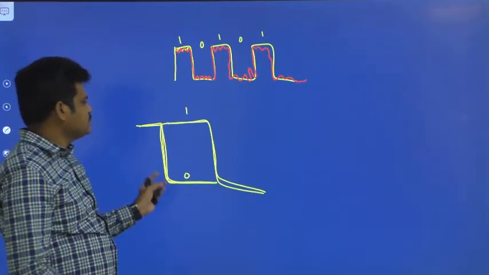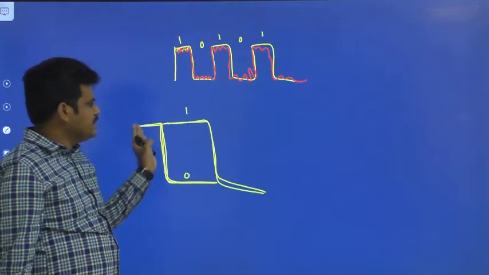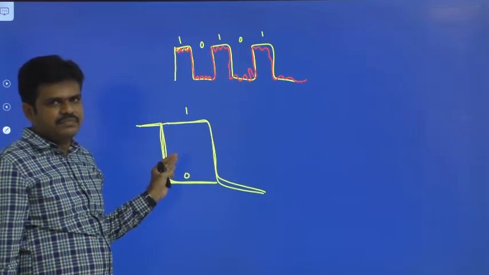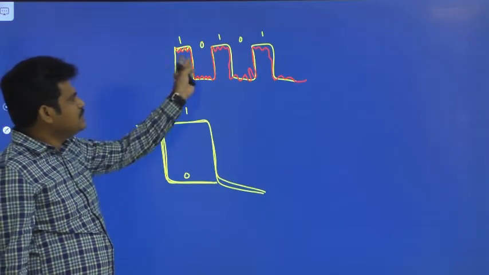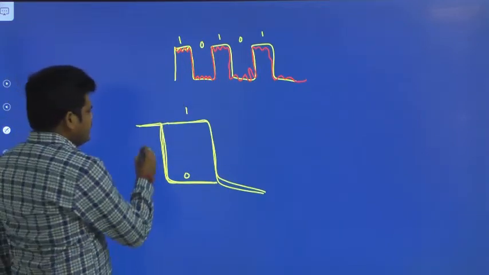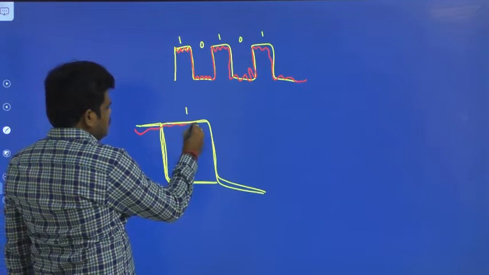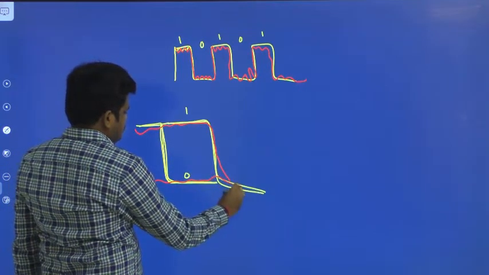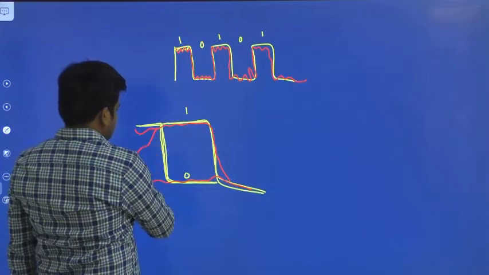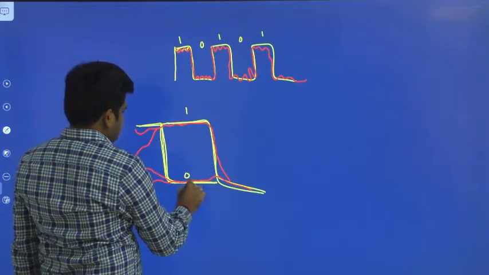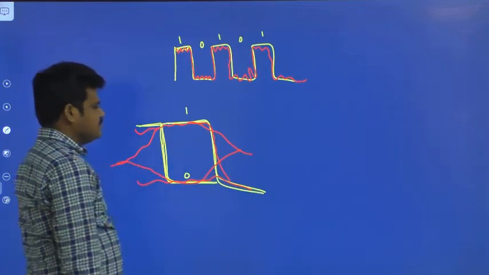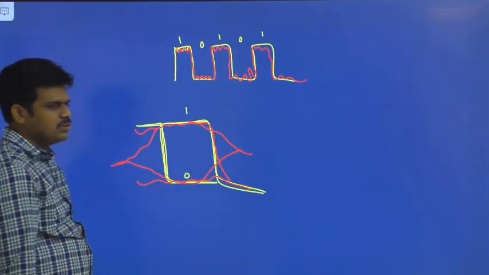If you observe on the oscilloscope, the figure looks like this when 1 and 0 are overlapped. But due to distortion, it may look like this.